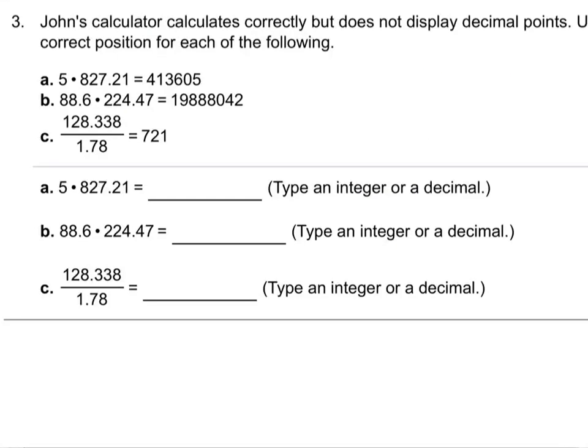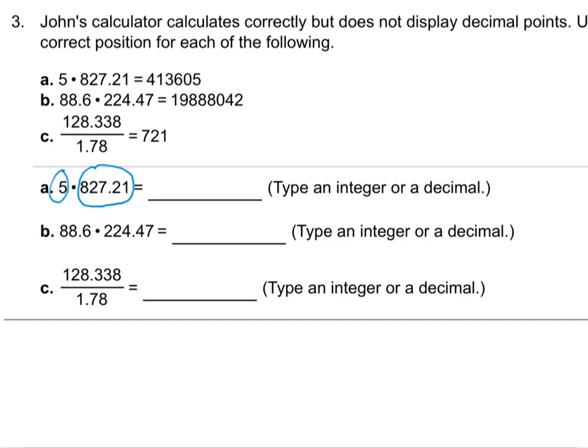So basically, they want us to use estimation to figure out where the decimal should be. So here, if you want to just write down part A, 5 times 827.21, what does it equal?